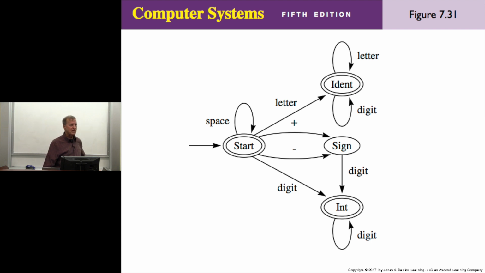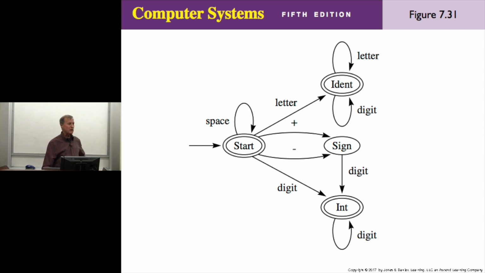Do you remember? The empty token. And if you end up in the ident final state, what have you recognized? An identifier. And if you wind up in the int state, you have recognized an integer token.